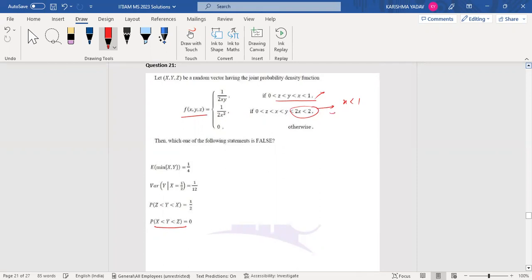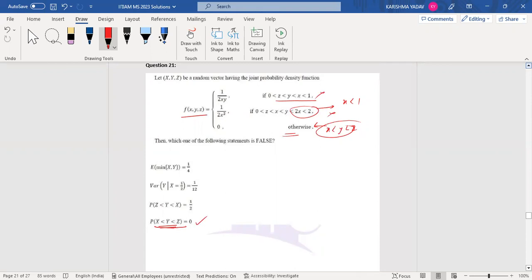So it doesn't lie in this region either. So x less than y less than z lies in the third region, that is otherwise. As it doesn't lie in these two regions, it will lie in the otherwise region, so the probability will be 0. So this is the true statement.